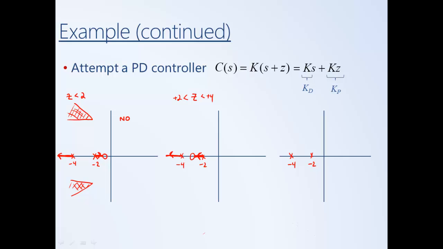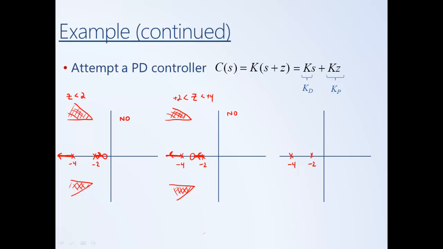It's just now that branch goes to the left instead of to the right because we placed that 0 to the left instead of to the right. And then we're done. So again, this is the root locus. It does not put closed loop poles in the desired region. And so this location of our 0 doesn't meet our requirements either.